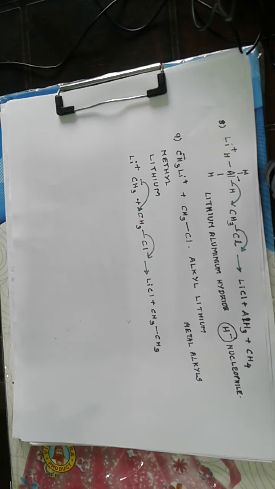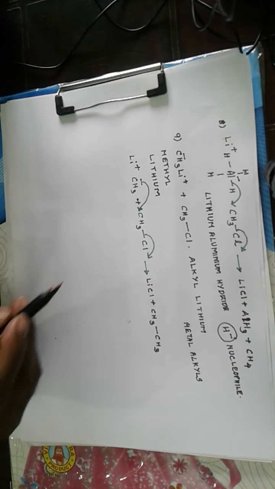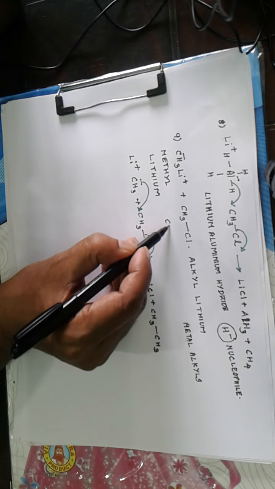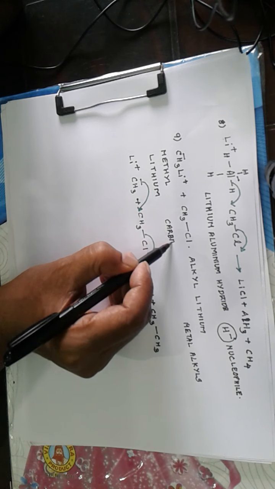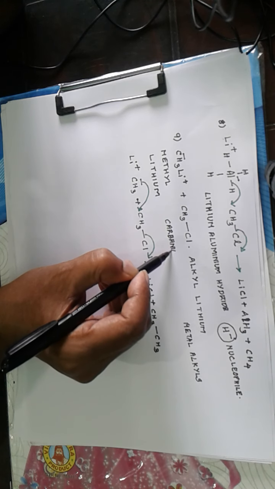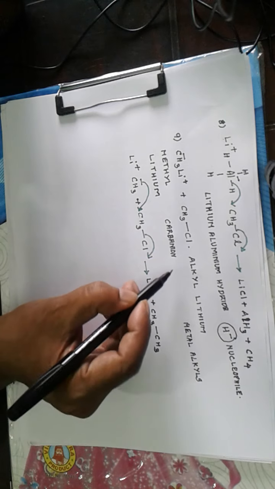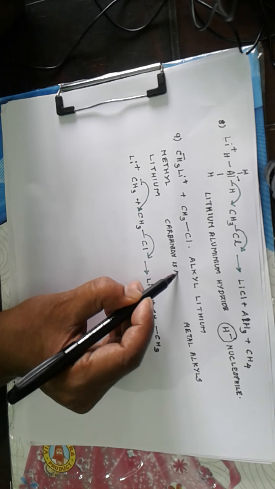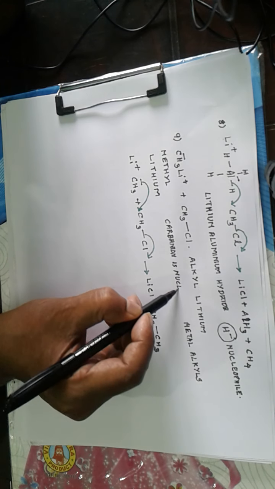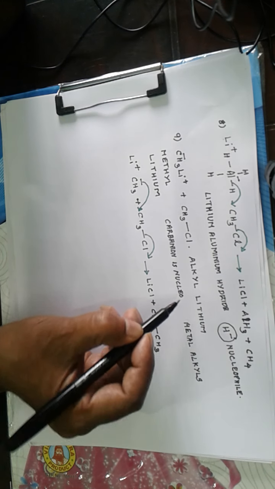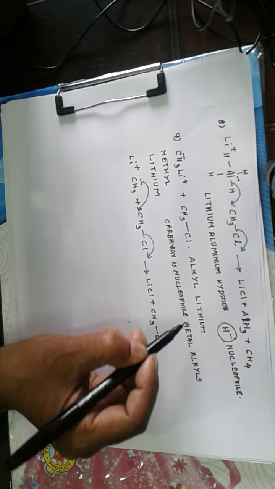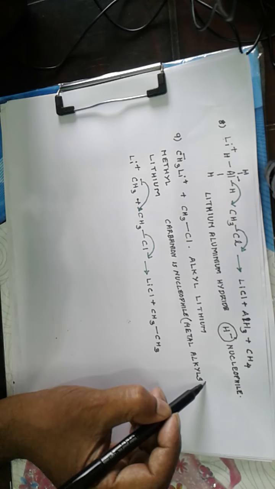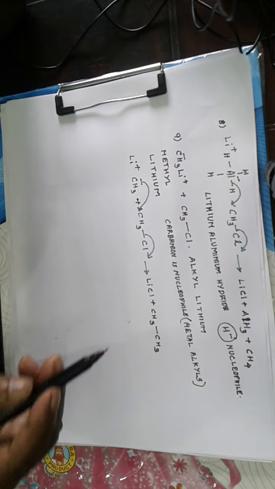There the alkyl part is the nucleophile, or a carbanion, we can say. The carbanion is the nucleophile, so CH3 negative is the nucleophile.